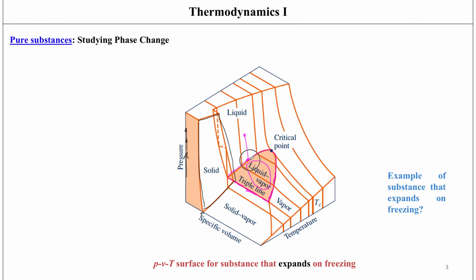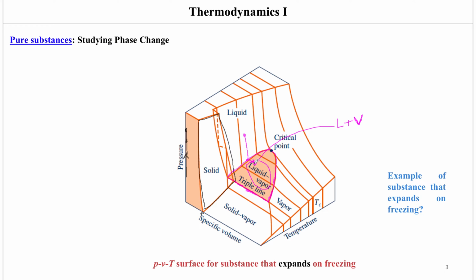But as soon as I move into this two-phase region, into this liquid vapor region, now at this point, water exists not only as a liquid, but some of it also exists as a vapor. Let me just indicate it by capital V.